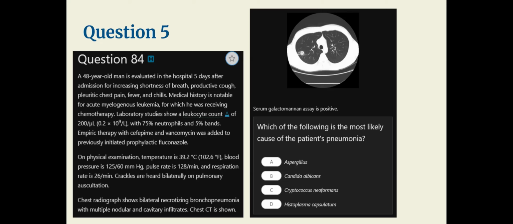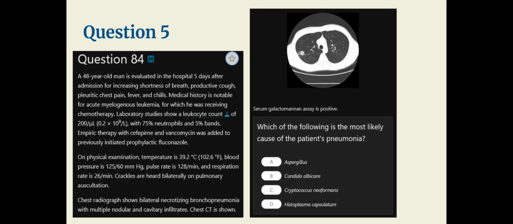Empiric therapy with cefepime and vancomycin was added to previously initiated prophylactic fluconazole. On physical exam, temperature is 102.6 degrees Fahrenheit, blood pressure is 125/60, pulse rate is 128 beats per minute, and respiration rate is 26 per minute. Crackles are heard bilaterally on pulmonary auscultation.